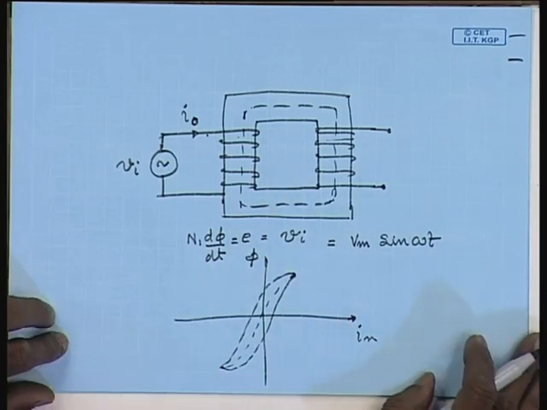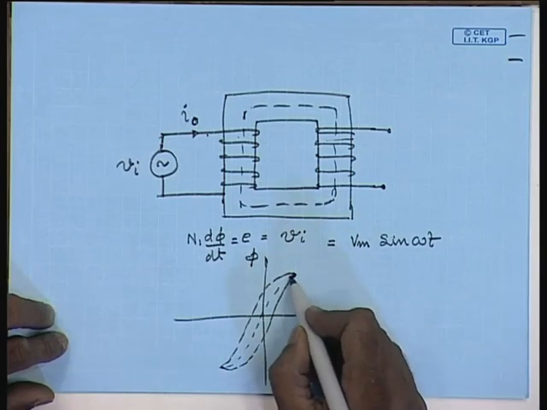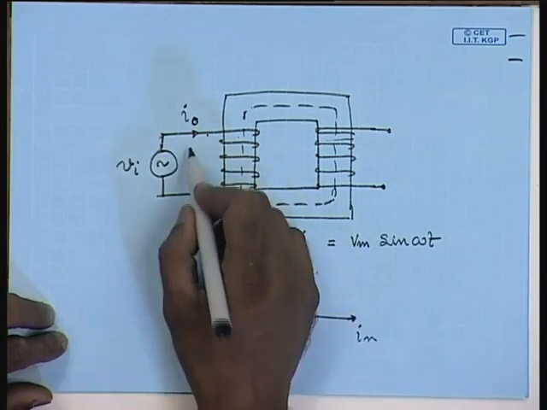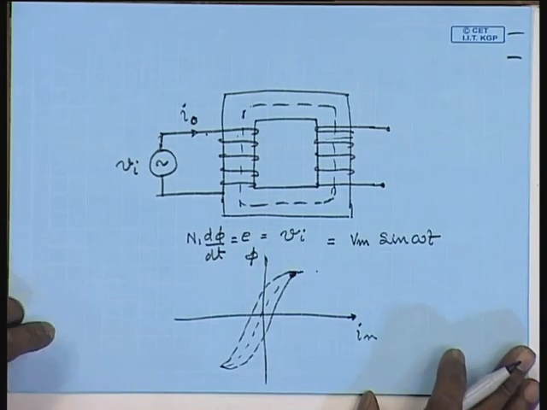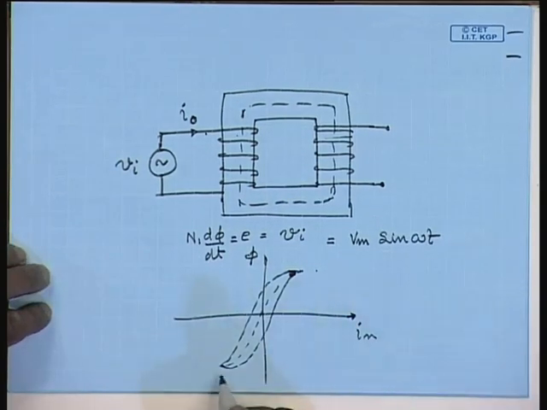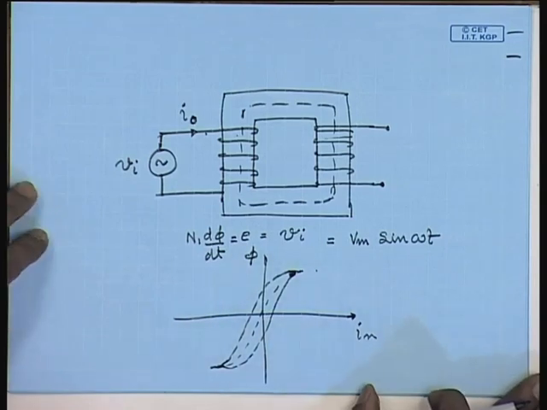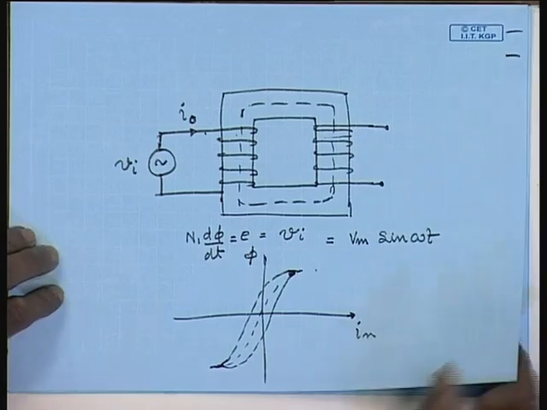Due to this nonlinear BH characteristic, we will soon see that the no load current drawn by the transformer will not be a sine wave, but it will be distorted with different harmonic components.